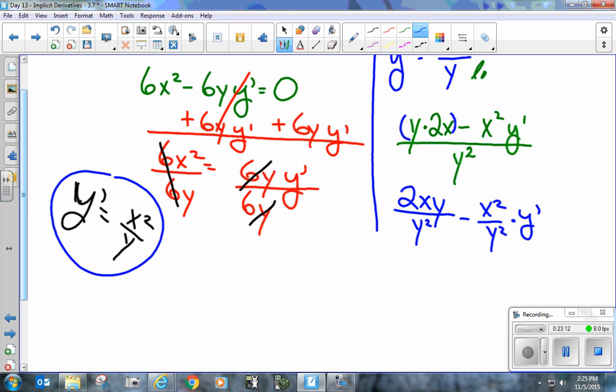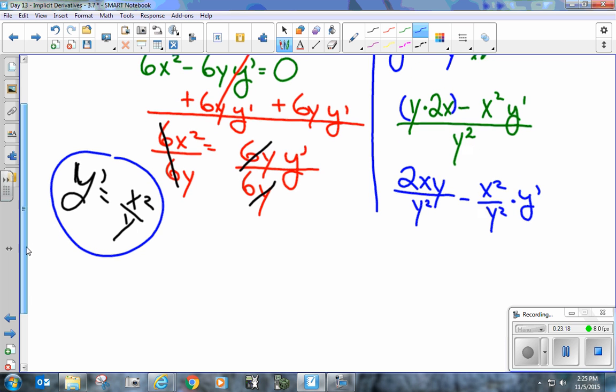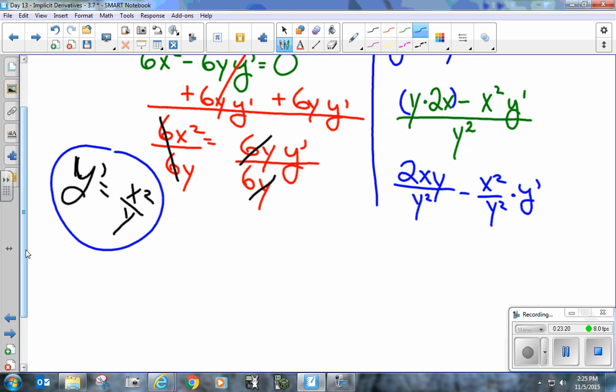I still have my times y prime on the right side. What can I simplify on the left side? One of these y's cancels one of these. That's all I can really simplify.